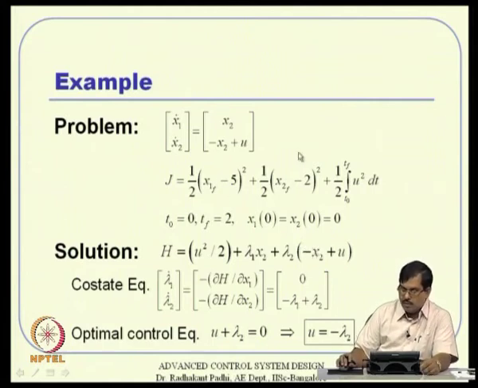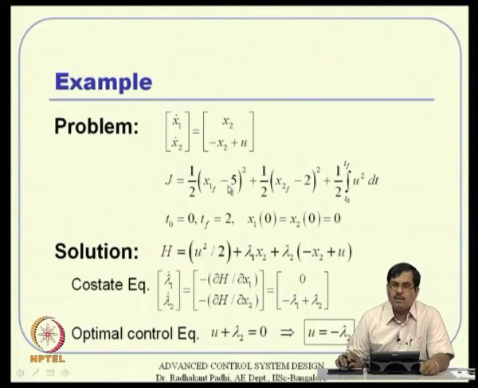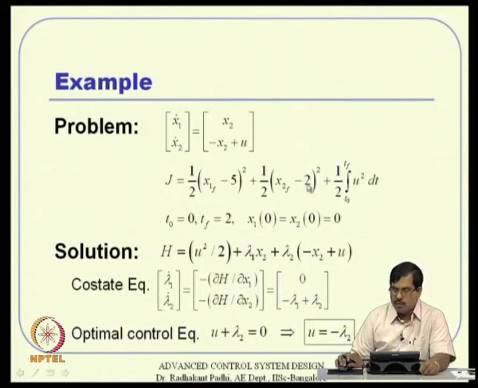Now, how do these terms come? Ultimately what we want is for the solution to go as close to 5 and 2 as possible. That means x1 at Tf should go as close to 5 as possible, and x2 at Tf should go as close to 2 as possible. That is why these are deviation terms, and you are saying that this error square has to be minimum and this error square has to be minimum.